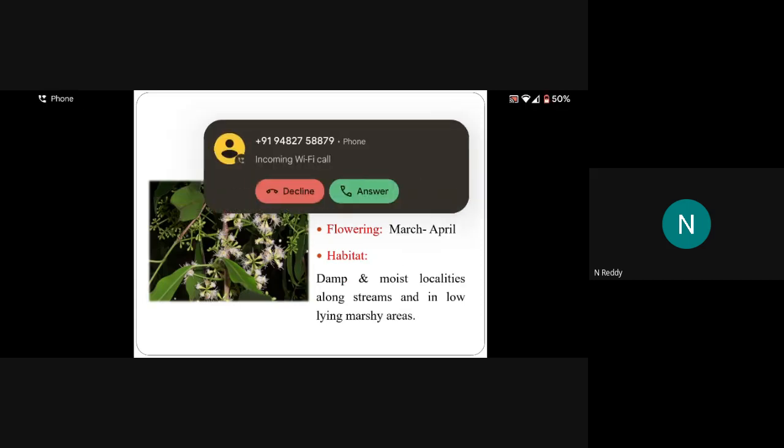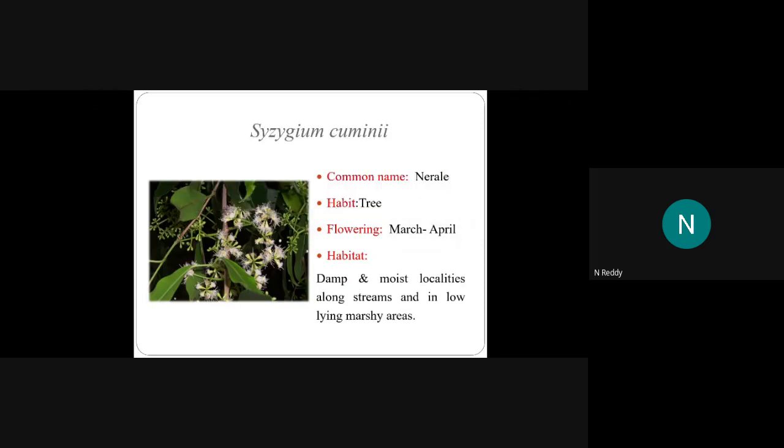Syzygium cumini. This is jamun, commonly called jamun. In Kannada, we call it nerale. We have different species, different varieties in this. It yields a very high number of flowers and is a very good source of nectar.